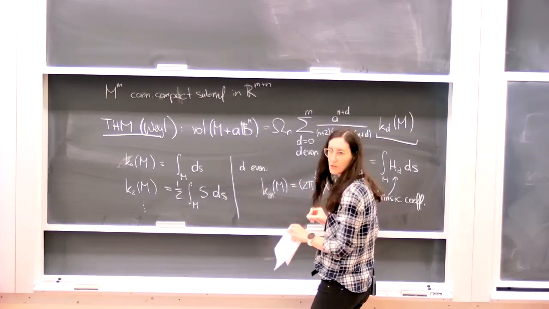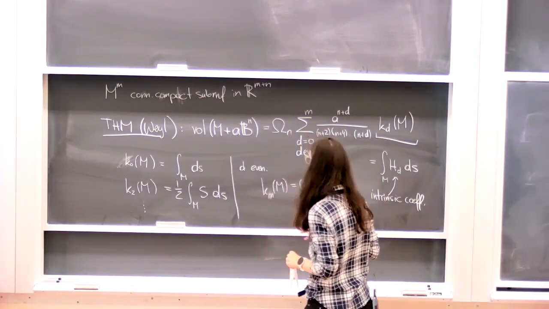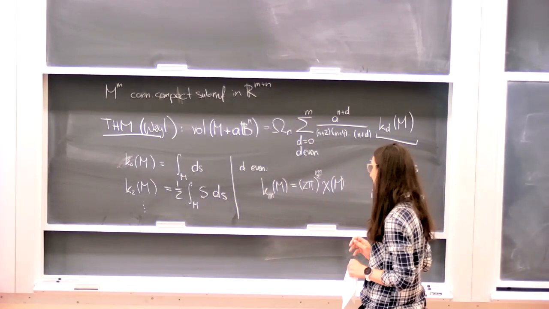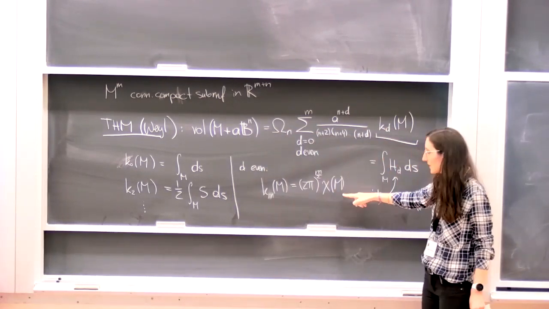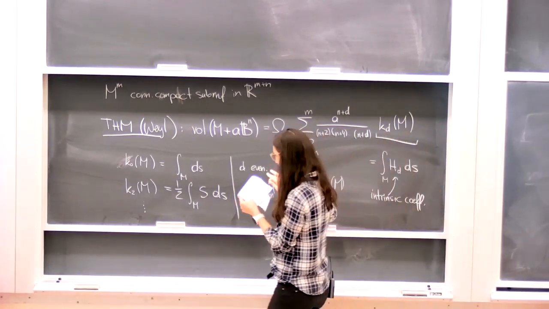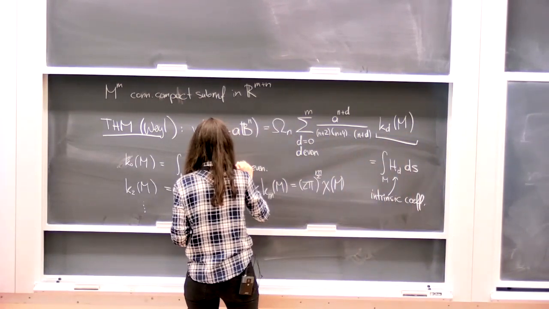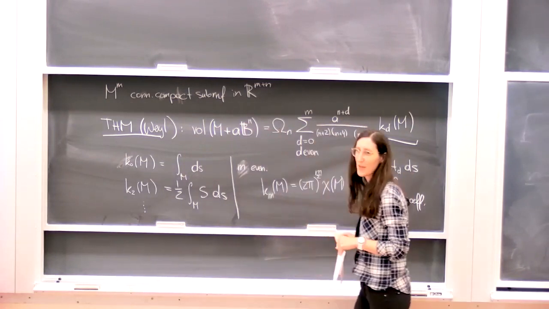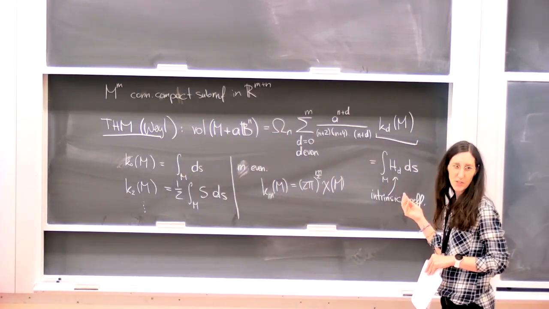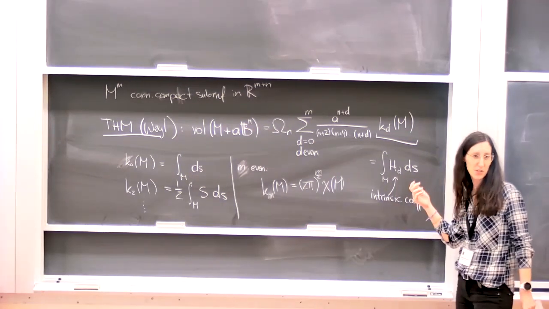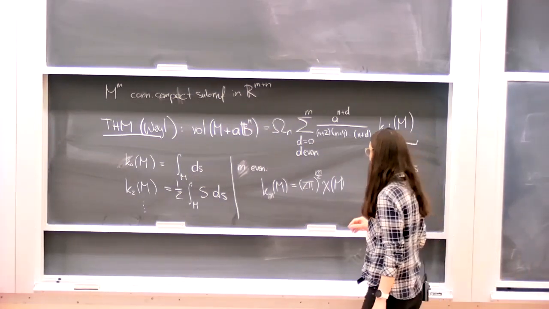The invariant K2 is the scalar curvature, yeah. And you see that in that case, if M is even, sorry about that, the dimension of the manifold is even, then the top coefficient is actually topological. It's not just a curvature invariant, it's a topological invariant. Okay, it's even more special.